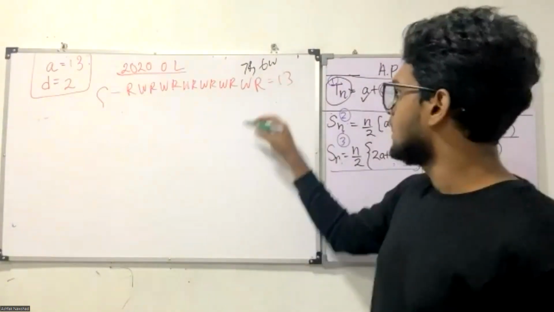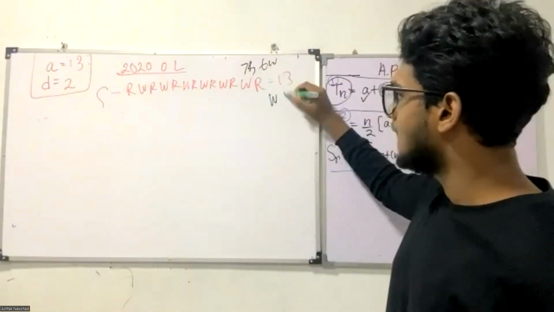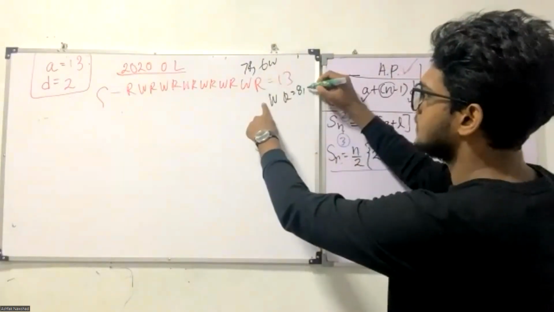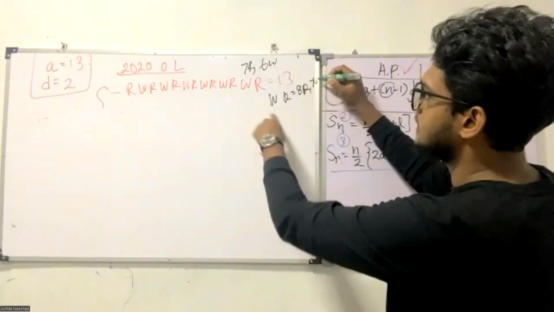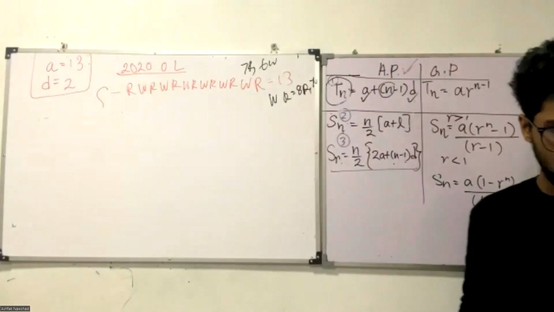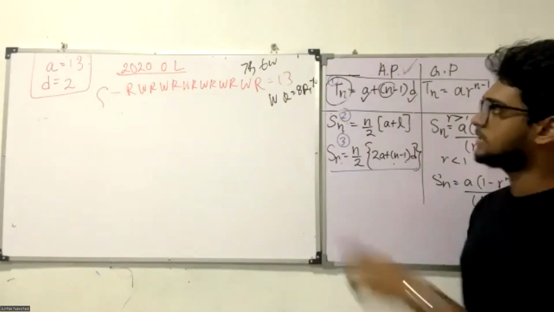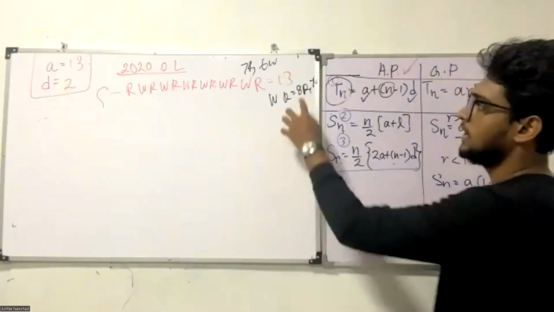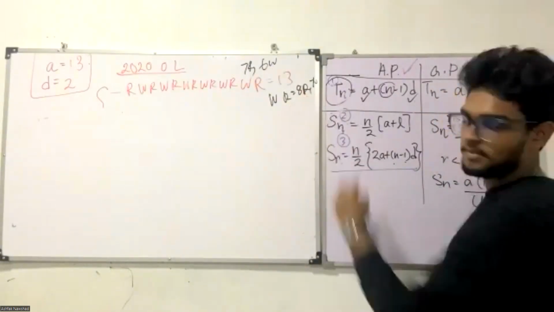In the second row, there will be an extra white and extra red. So there will be 8 reds and 7 whites. Is this understood? In the first row, there are 7 red shrubs and 6 white. In the next one, it's 8 red and 7 white.